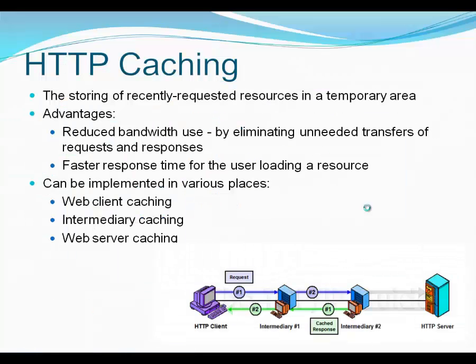So when caching happens, how does the caching server, or the proxy server, or the end user's browser know that the object which it has cached is still good to go? It's not stale yet. There are various factors which help in deciding whether the object is still good to be used or not.